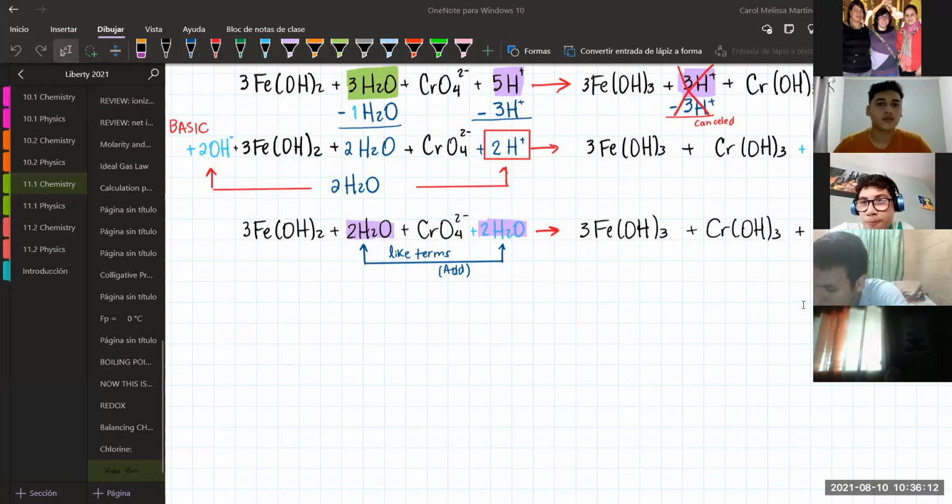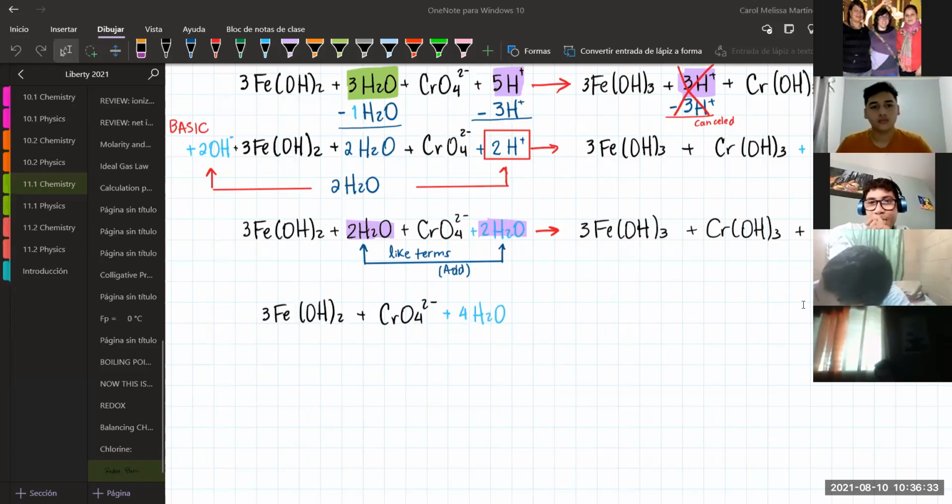So 2 plus 2 is going to give you 4 waters instead. So the final reaction will be 4 waters in the reactants, and in the products I'm going to write what I had before. Because I'm a lazy one, I'm just going to copy and paste.